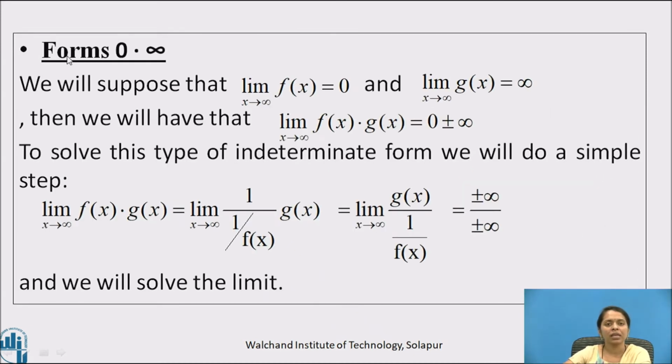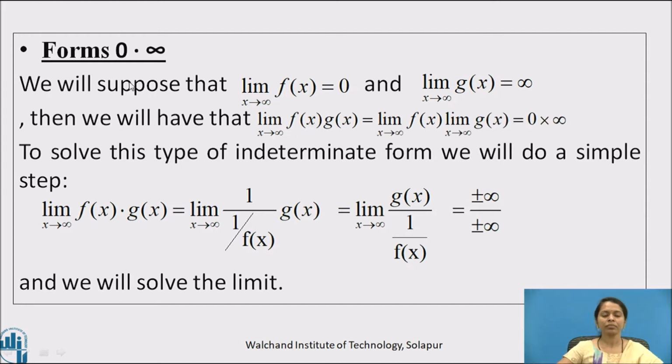Now, let us see again the form 0 into infinity. Let us revise it. We suppose that limit x tends to infinity f of x is 0 and limit x tends to infinity g of x is infinity. Then we have that limit x tends to infinity f of x into g of x is equal to limit x tends to infinity f of x into limit x tends to infinity g of x, which is equal to 0 into infinity.